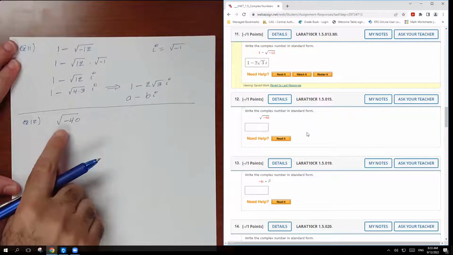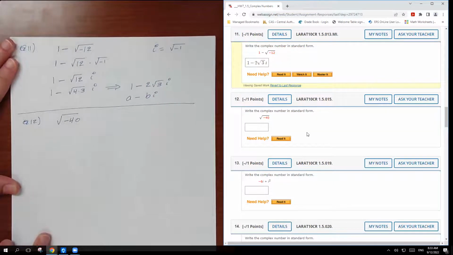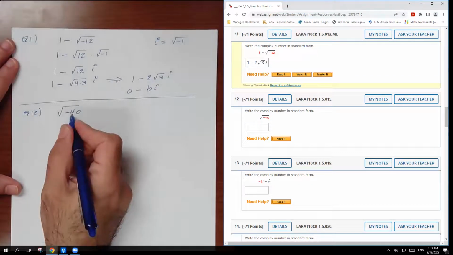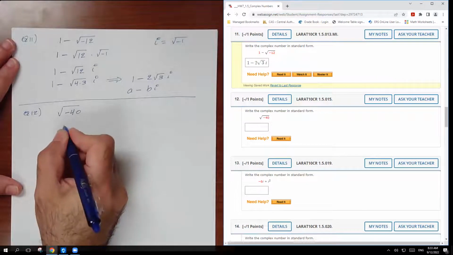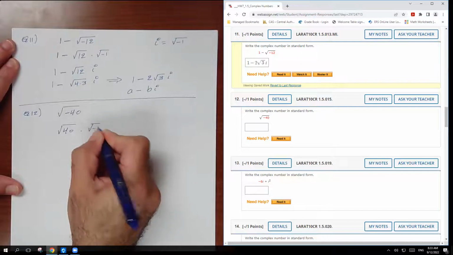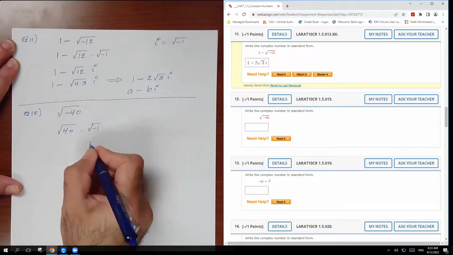We need to write this in standard form. So we're going to do exactly the same thing. Square root of -40 is going to be square root of 40 times square root of -1. The square root of -1 is i.